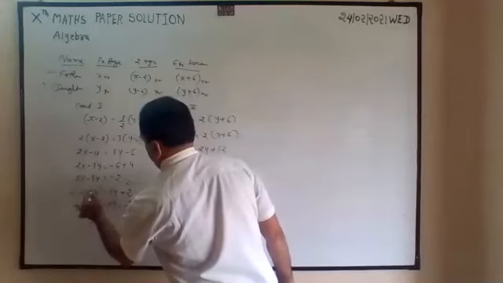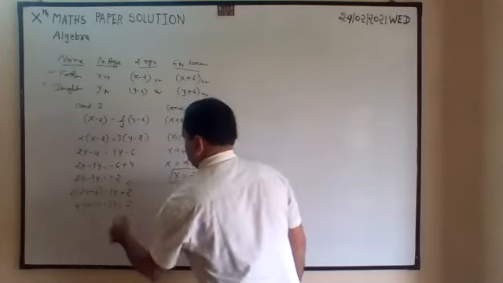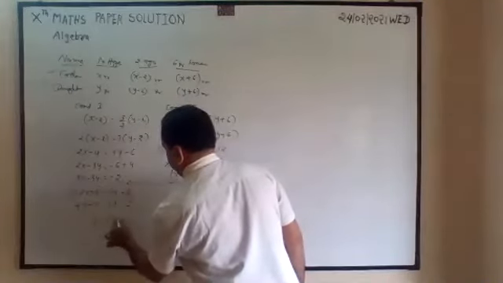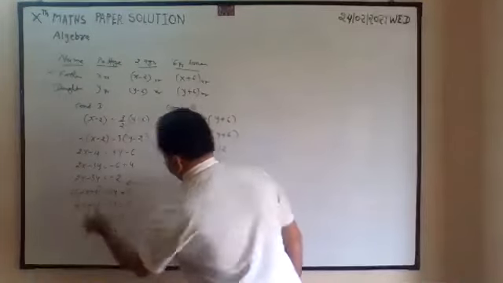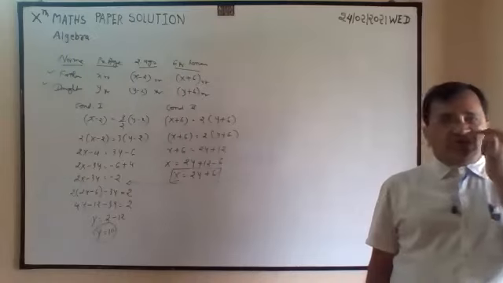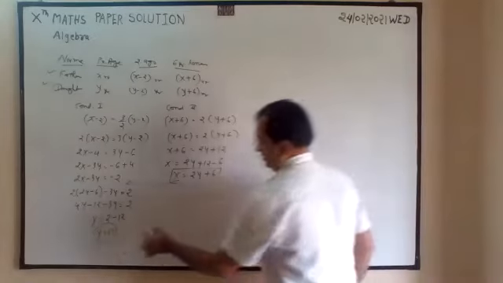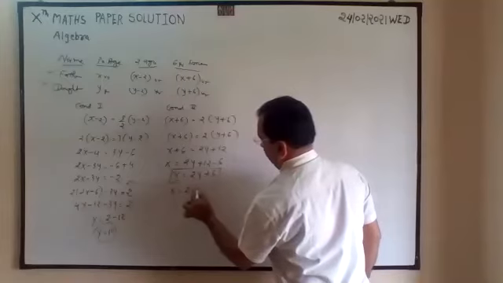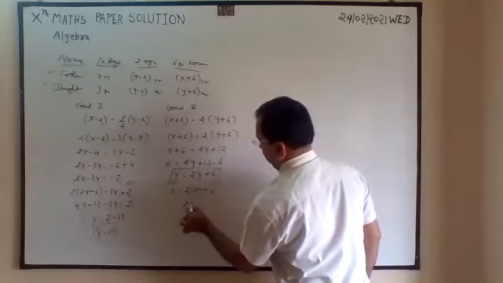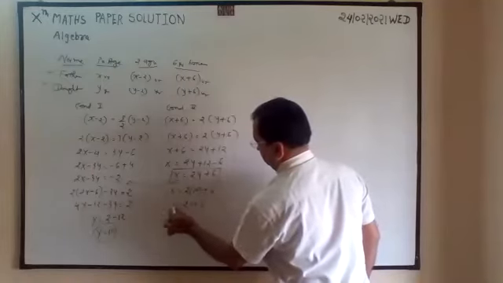This is minus. This is minus. So 2 minus 12, y is equal to 10 years. So the present age of daughter is 10 years. Substitute. x is equal to 2 times 10 plus 6, 20 plus 6.